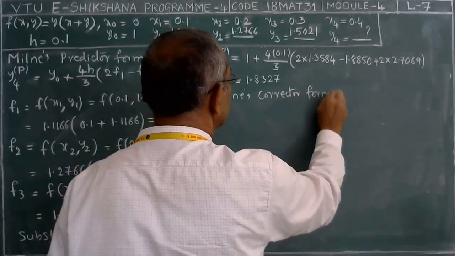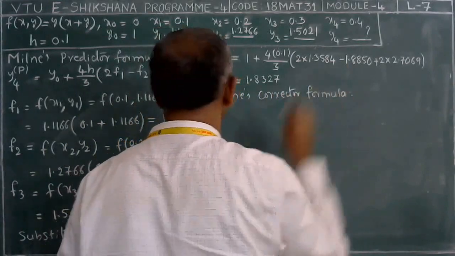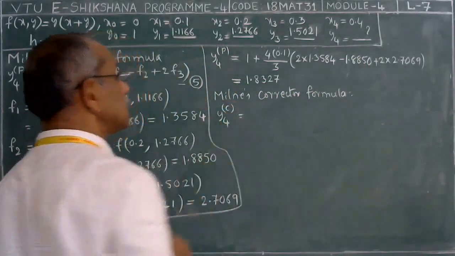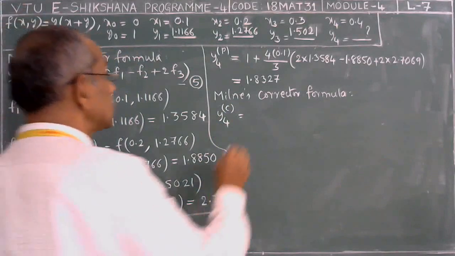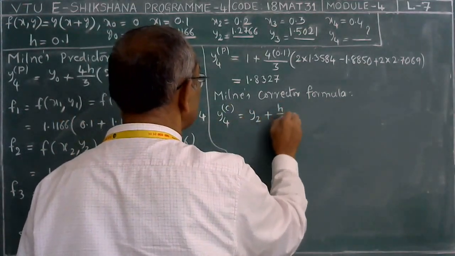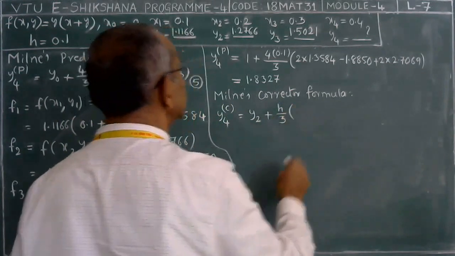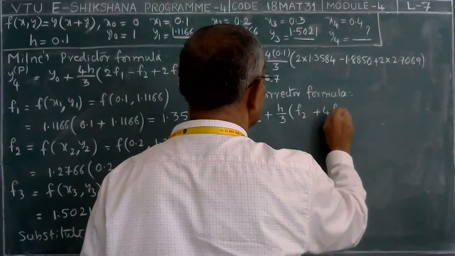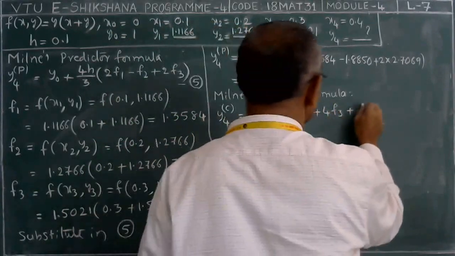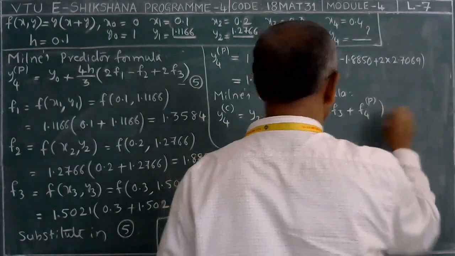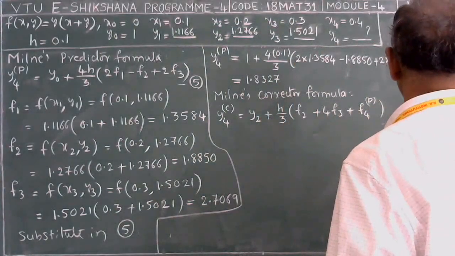Milne's corrector formula is given by y4c is equal to y2 plus h by 3 into (f2 plus 4 f3 plus f4p). Call all this equation number 6.